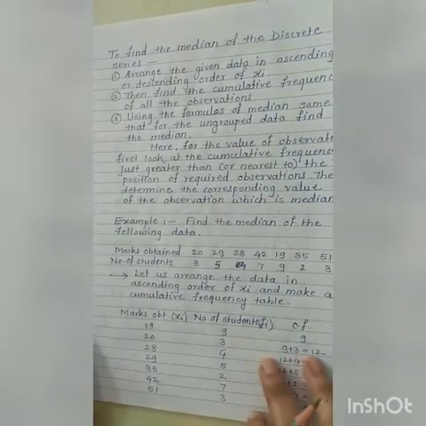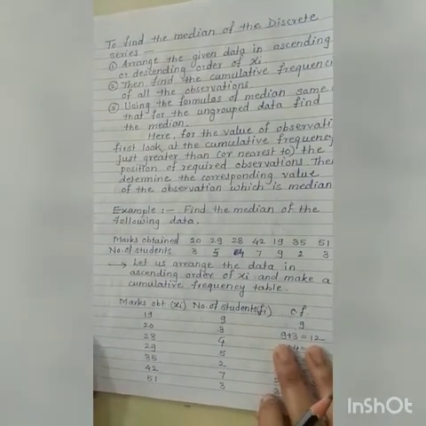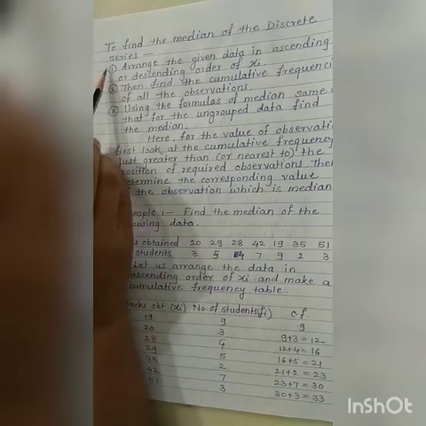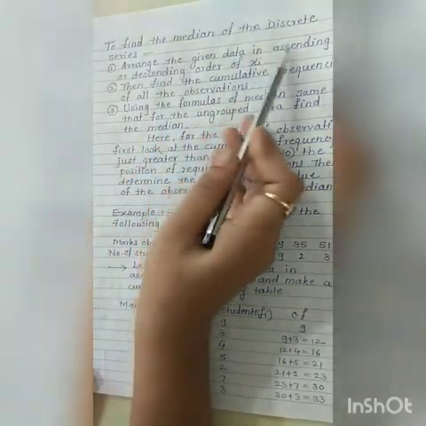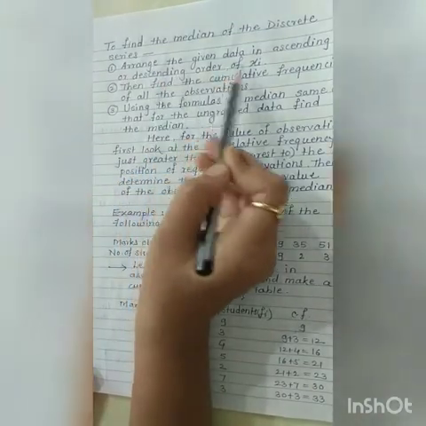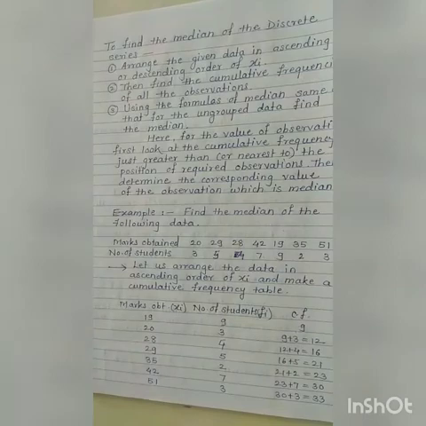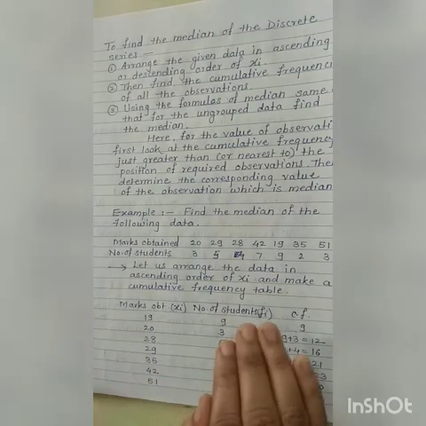Now, to find the median of the discrete series, we have to consider some points here. First point is arrange the given data in ascending or descending order of xi. That means as for ungrouped data we are arranging the given observations in ascending or descending order.